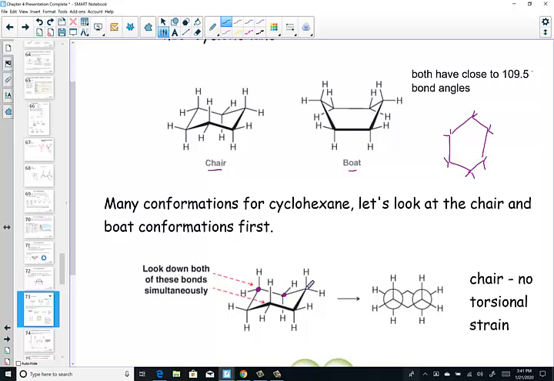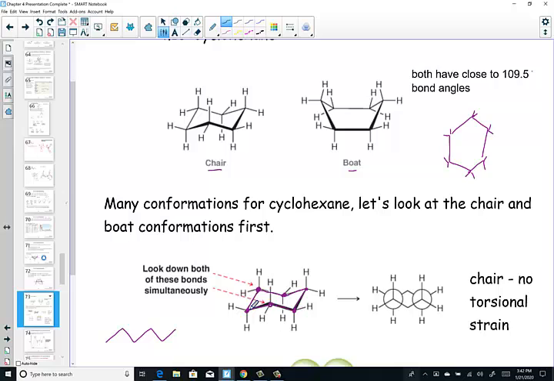Carbon to carbon, up, down, just like you would draw in a zigzag line for a straight chain, how we went up, down, up, down. The same is true even if it's a cyclic structure. Carbon 1 leads down to carbon 2, which leads up to carbon 3, which leads down to carbon 4, up, down, up.